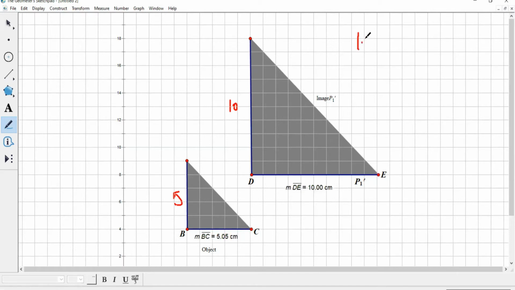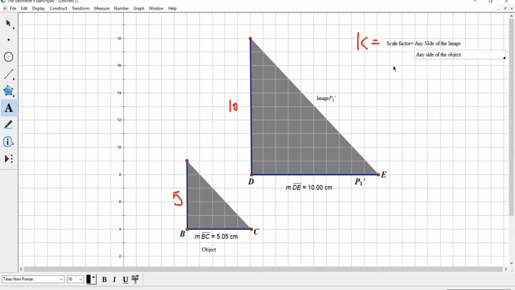The scale factor is generally called K. We generally call this the scale factor, and it's equal to any side of the image divided by any side of the object.